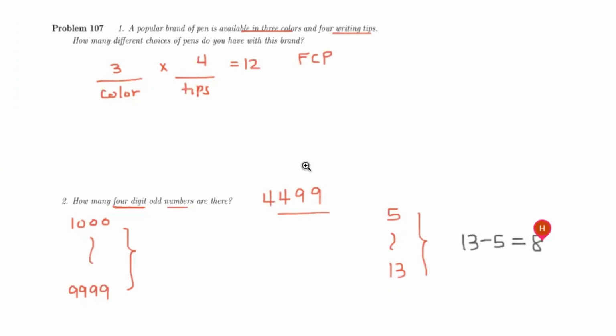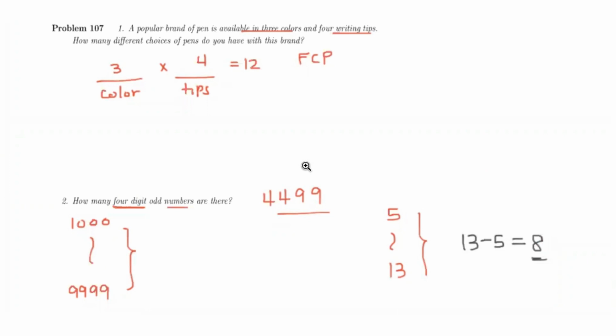Agree? Let's look at it by finger. 5, 6, 7, 8, 9, 10, 11, 12, 13. I have 9 numbers, but when I compute this, it's 8.